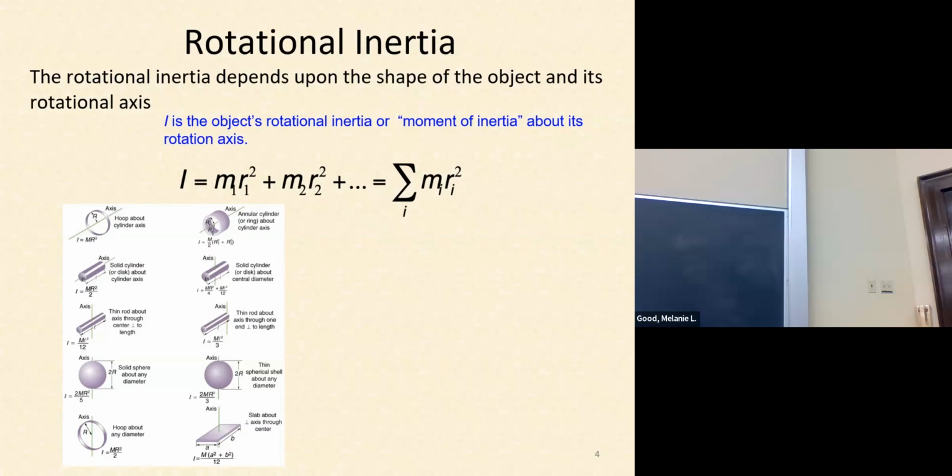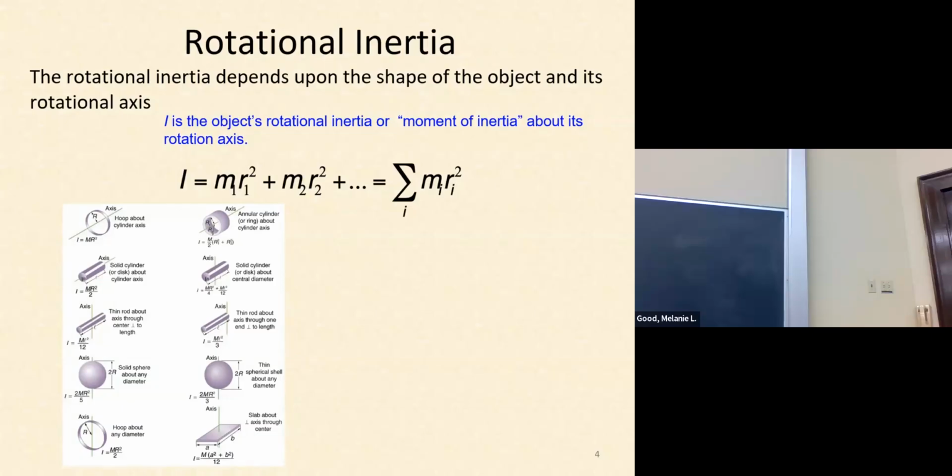And those will give me different moments of inertia. If I refer to my chart for a hoop that's rotating like a wheel about this axis, then it's just the mass times the radius of the hoop squared. But if I rotate it about this axis, like so, then you take that and you divide by 2.